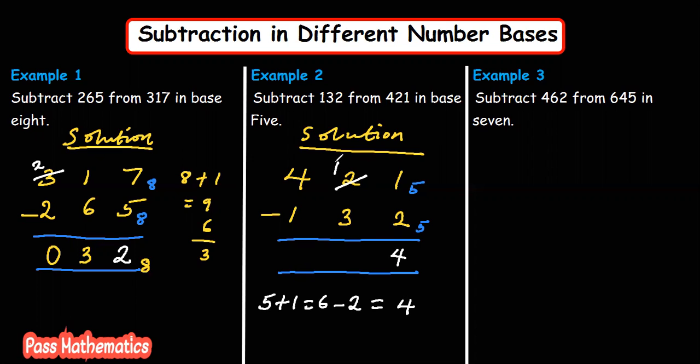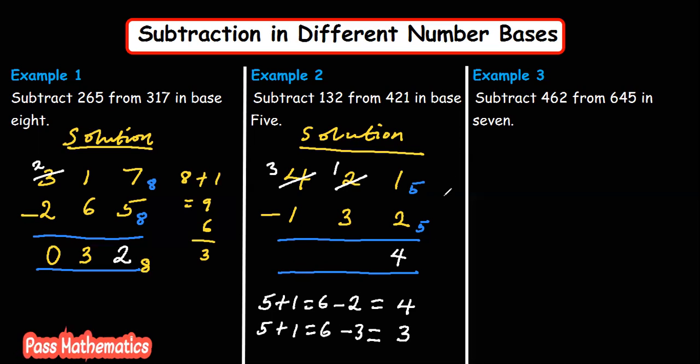1 minus 3 now. We cannot do 1 minus 3. So we have to borrow 1 from this guy, and this guy remains 3. Okay, let's make sure we write it. So it remains 3. And then that 1 that we borrow, we are going to add it again to the base. So we have 5 plus 1 again, which is 6, then minus 3. And then we should have 3 as the answer.